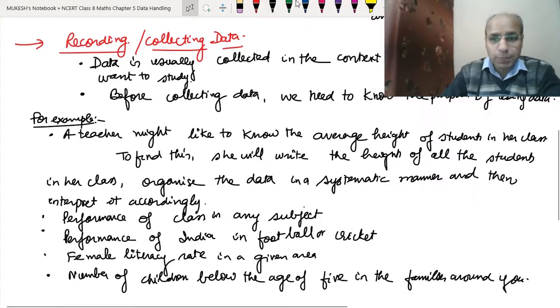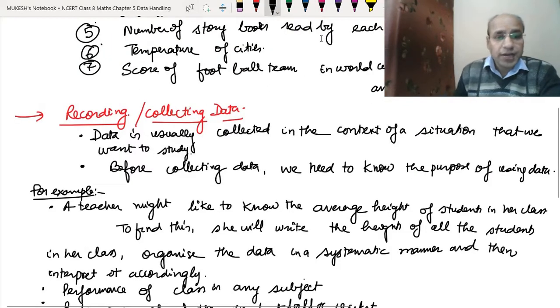Okay, so now let's repeat it. See, data is usually collected in the context of a situation that we want to study, and before collecting the data we need to know the purpose of using the data.